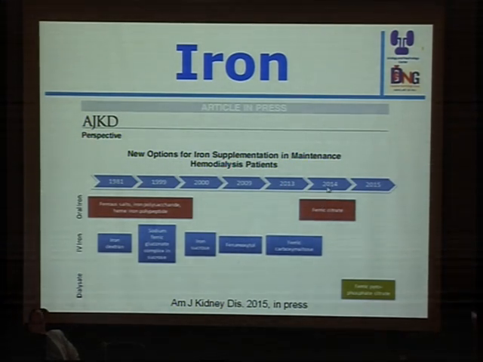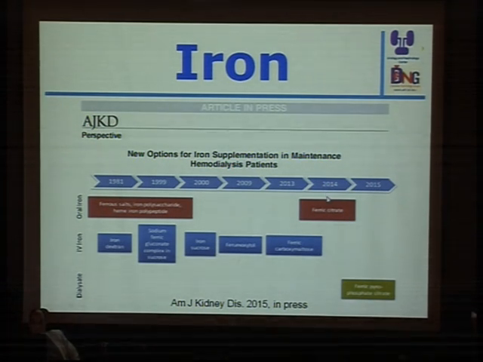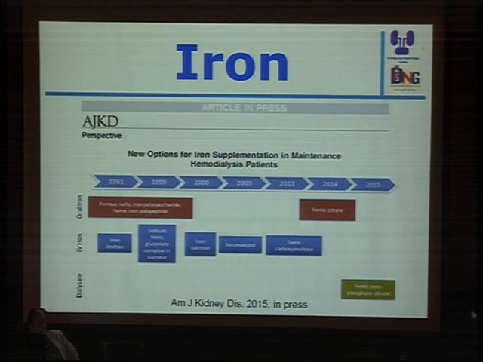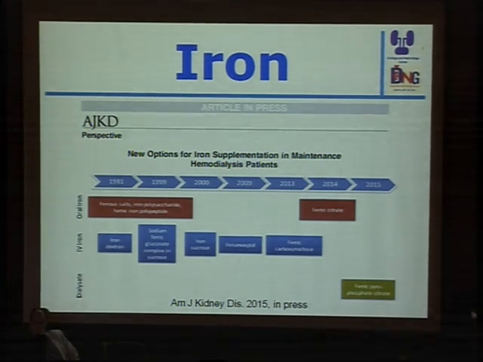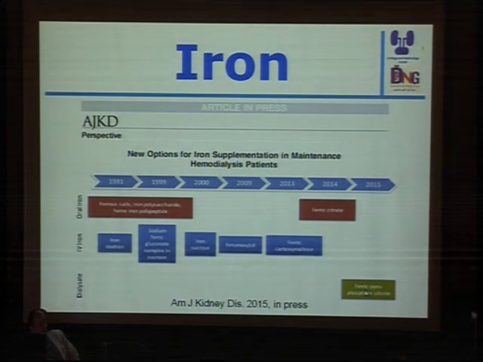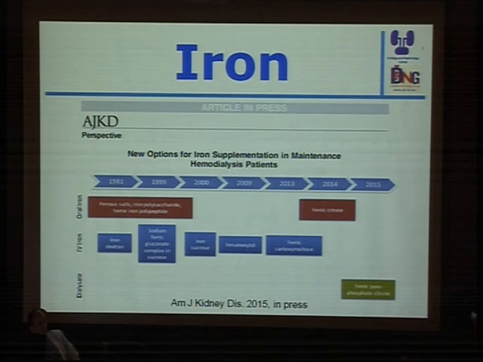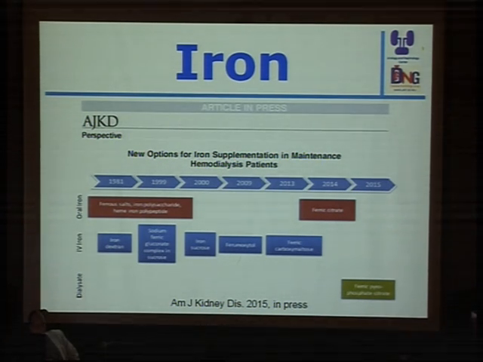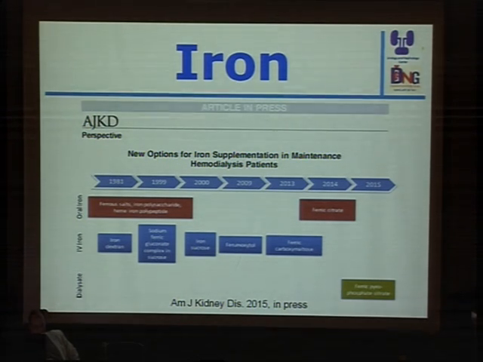Then in 2014, this is the era of ferric citrate to be used as a phosphate binder and to control anemia at the same time. And last year, in 2015, they found that iron may be added to the dialysate in the form of ferric pyrophosphate citrate, and this is a new source, a new route for treating iron deficiency.